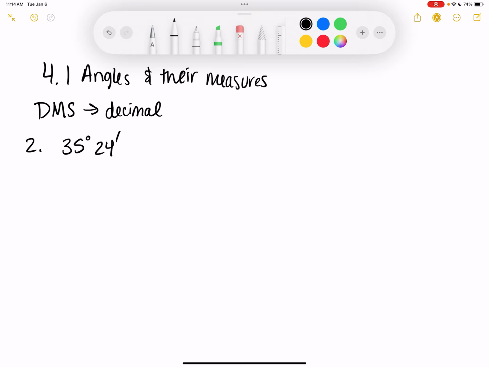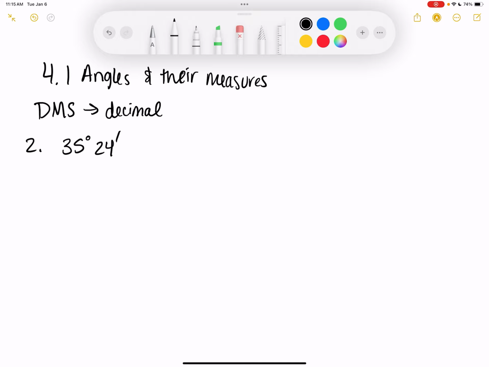Just like the number of minutes in an hour, there are also 60 minutes in a degree. Just like there's 60 seconds in a minute and 3,600 seconds in an hour, there's also 3,600 seconds in a degree. When we're doing these conversions, we're trying to get it to decimal.